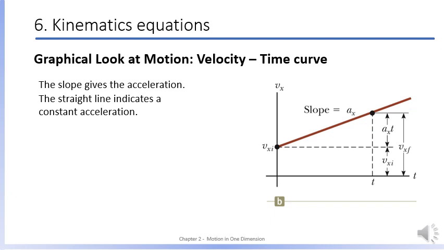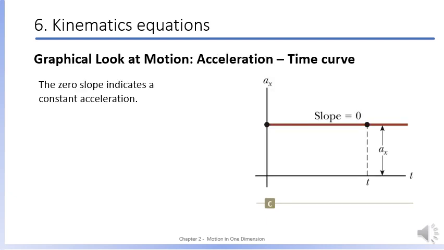The straight line indicates a constant acceleration. So if you want to determine the acceleration, you will search for the slope of this velocity time curve, and this slope ax is a constant.